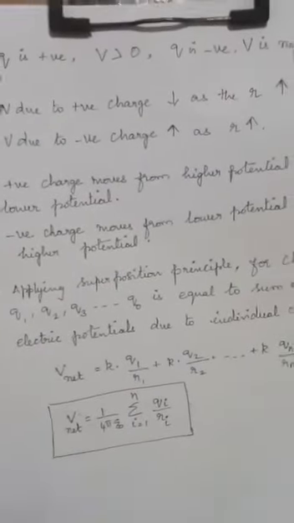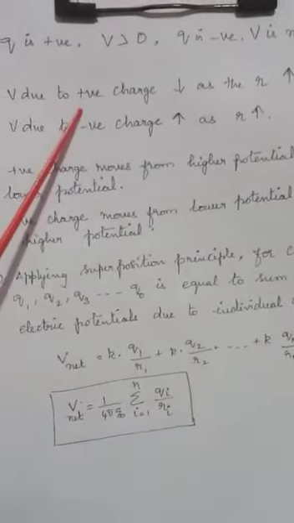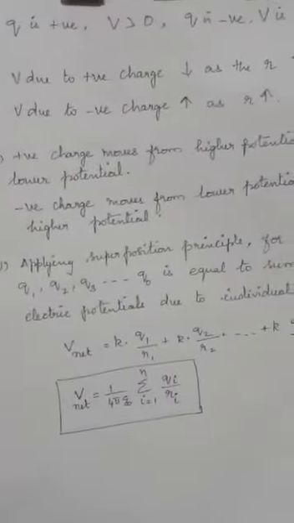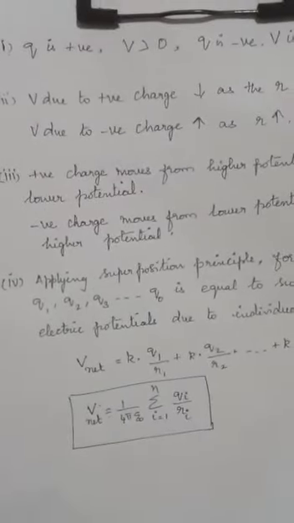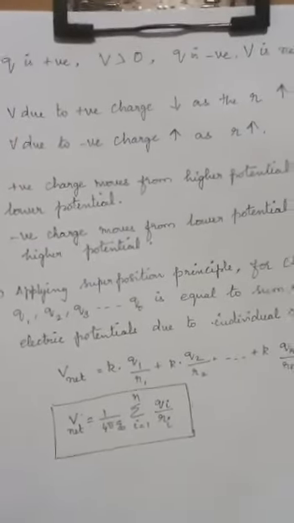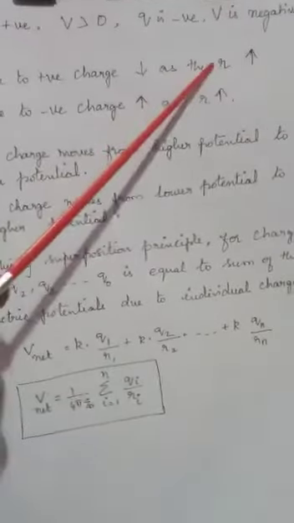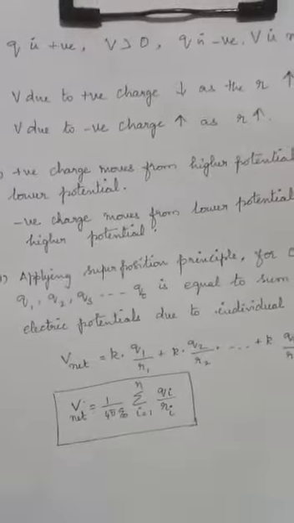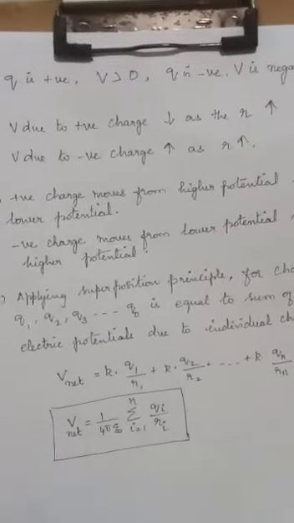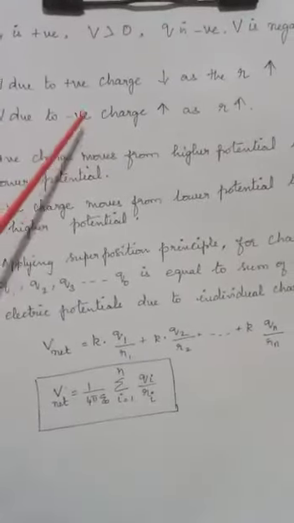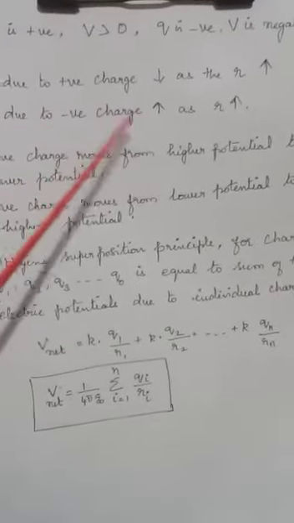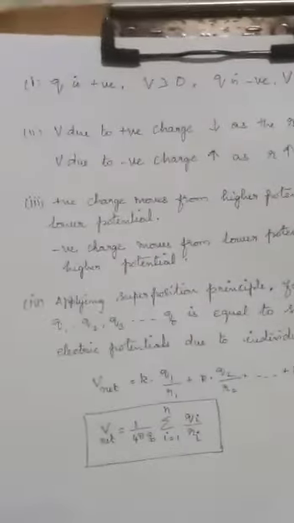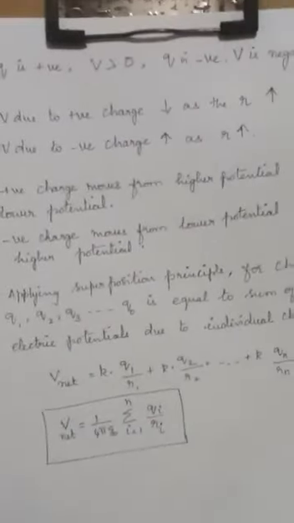If you consider Q to be a positive charge, potential will decrease if R increases as per the equation 1 by 4 pi epsilon naught into Q by R. But in the case of a negative charge, the potential increases if R also increases. It's quite opposite to each other.